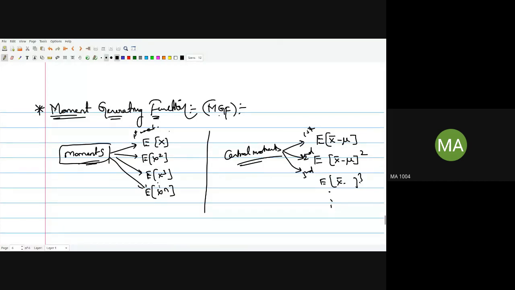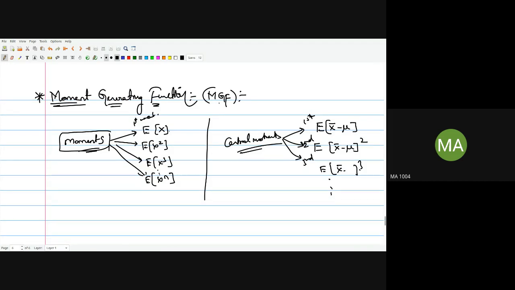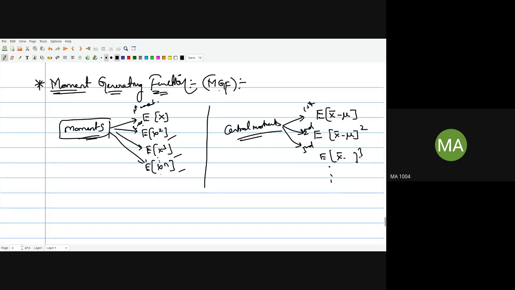Simply speaking, moments are basically the means of powers of the random variable. And this MGF will directly generate these moments. It will directly give us expected value of x square, x cube, x power n, and everything.